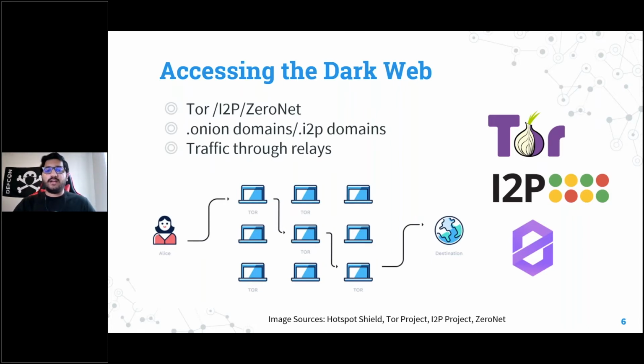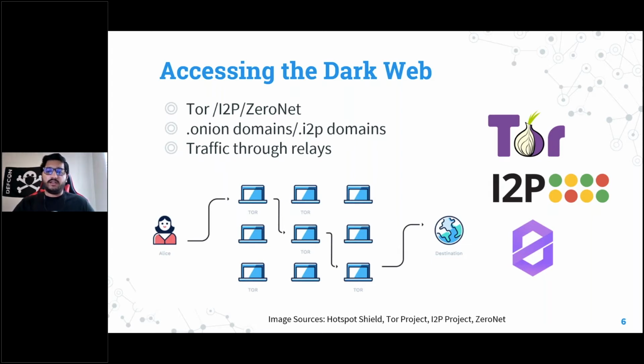So how do you access the dark web? There are different companies or organizations that offer their products. The majority of the famous ones are Tor, I2P, and ZeroNet. I will be talking more about Tor here. How Tor works is that it's basically a three relay system.